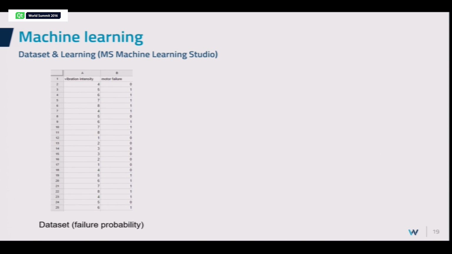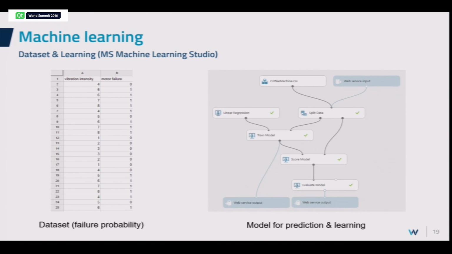Okay, so it looks like that. I don't know if you can actually see the numbers. On the left, you have, for example, a simulation of a vibration intensity. And on the right, you just have a 1 or 0 to say, is there a failure or not? What we did, which is a simple example but gives you an idea, is to use a linear regression model.